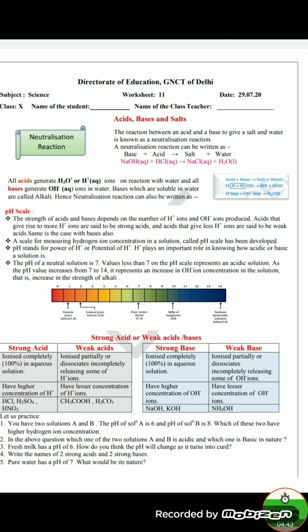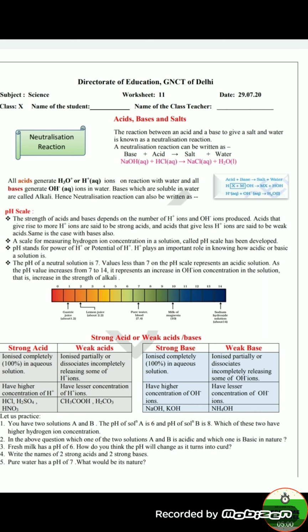And same is the case of base. The base which has more concentration of OH minus ions is called a strong base, and which has less concentration of OH minus ions is called a weak base.